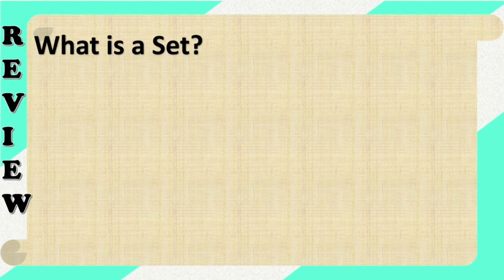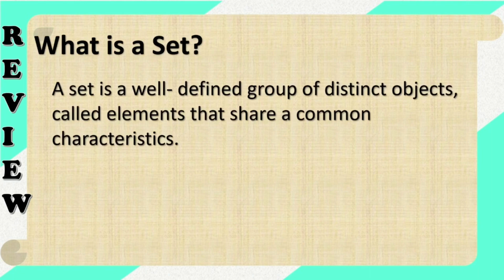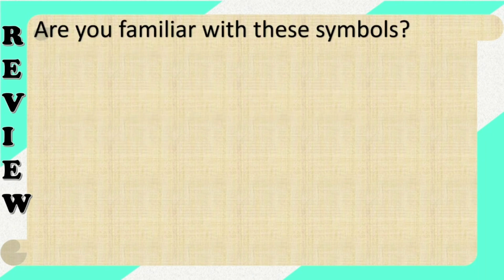To clearly understand the lesson, let us review first some symbols involving sets and their definitions. What is a set? A set is a well-defined group of distinct objects called elements that share a common characteristic. Are you familiar with these symbols? Let us start with the first symbol.